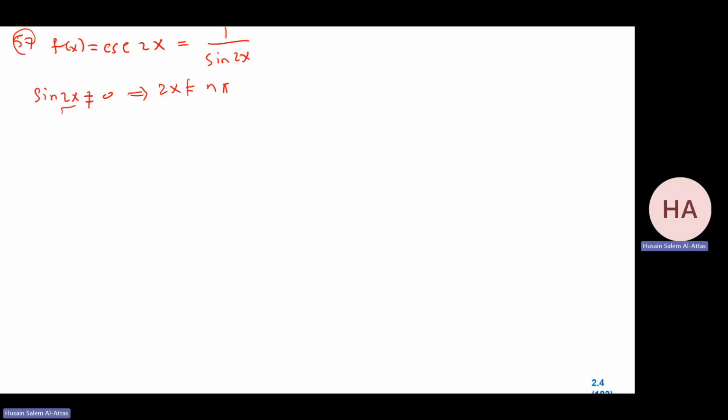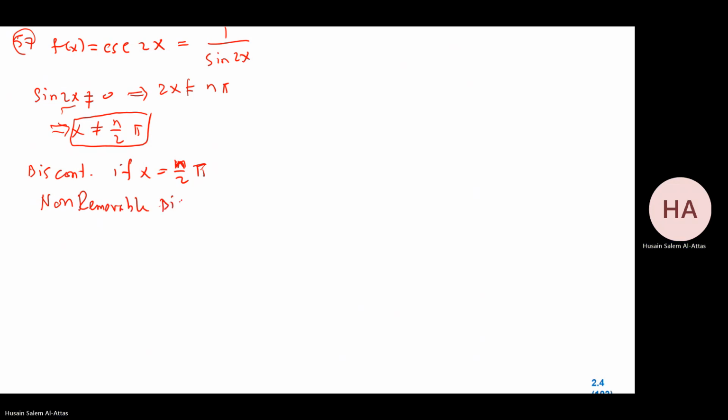Since I'm saying not equal, x is not equal to n over 2 pi. So the function is discontinuous if x equals n over 2 pi. And at that point, is it removable or non-removable? If you substitute, you will have sine n pi, which is 0. So you have non-zero over 0. So we have a non-removable discontinuity, actually an infinite one, because it will go either to infinity or minus infinity. It depends on right or left.